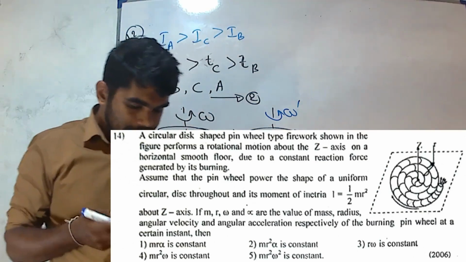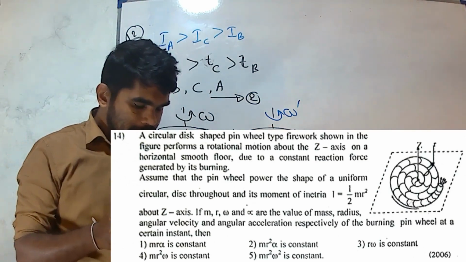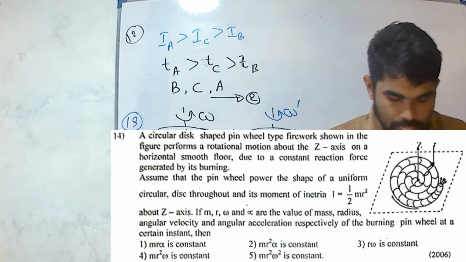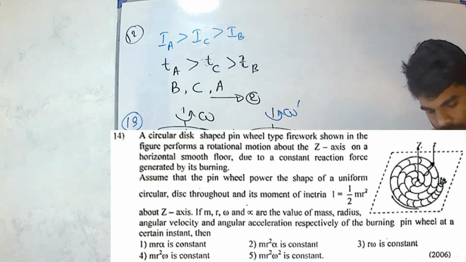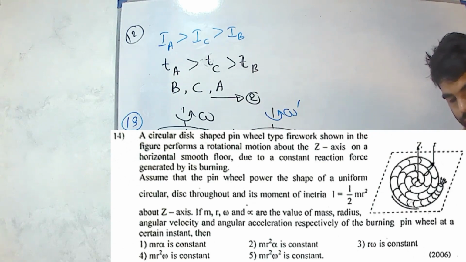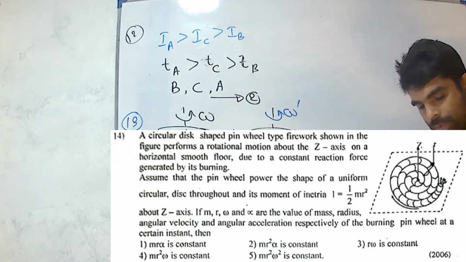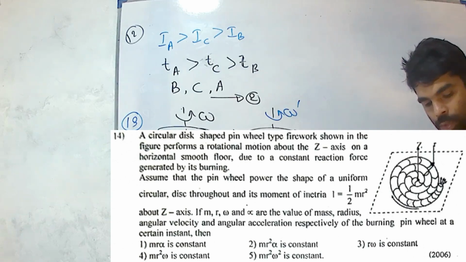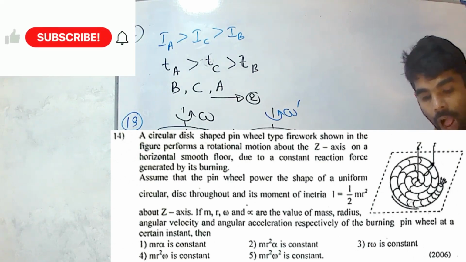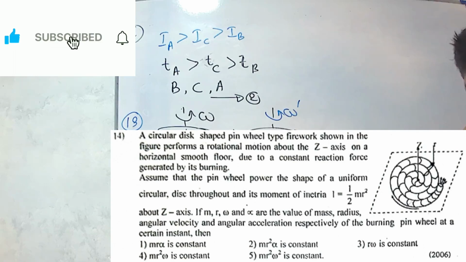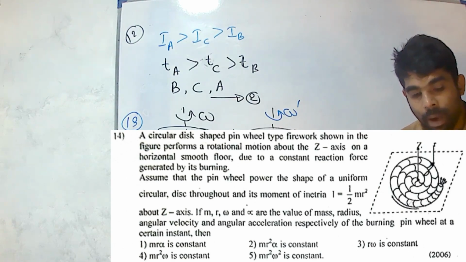Then question number 14. The circular disc shaped wheel type firework shown in the figure performs a rotational motion about the z-axis on the horizontal smooth floor due to a constant reaction force generated by its burning. Assume that the pin wheel follows the shape of a uniform circular disc throughout, and its moment of inertia is half mr squared about the z-axis.